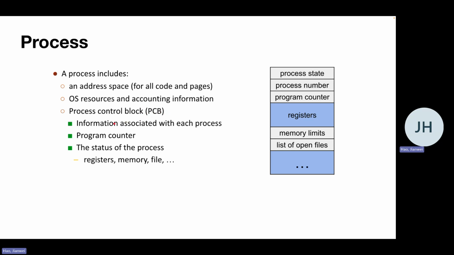In the PCB, we have the information associated with each process, which means each process has its own PCB, a program counter, and the status of the process. Of course, it also has registers, memory, and file descriptors.